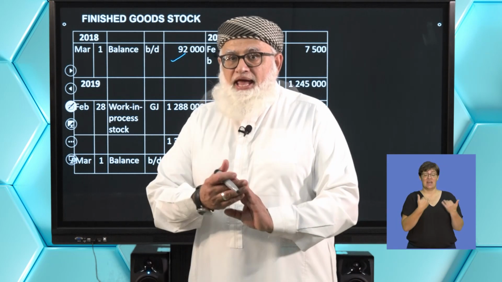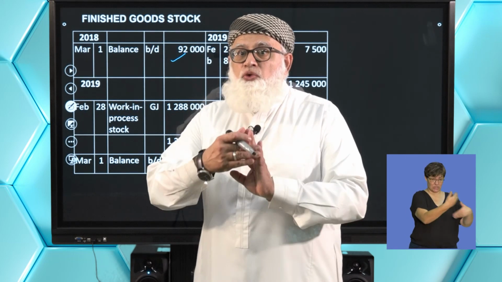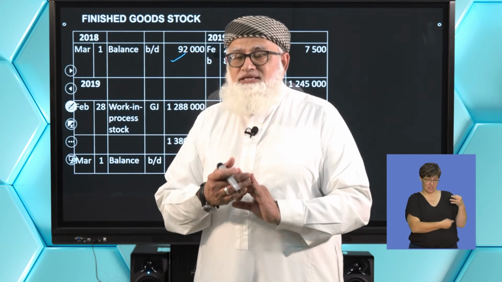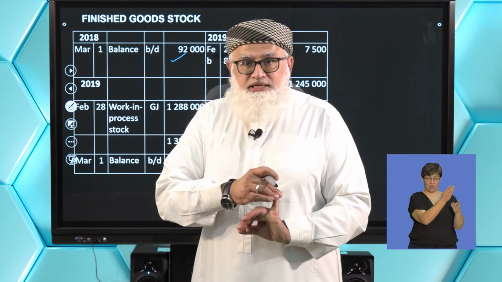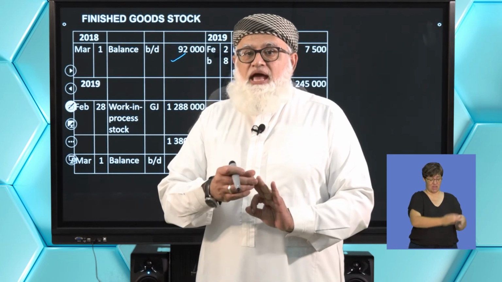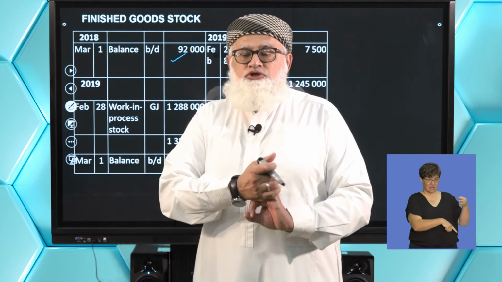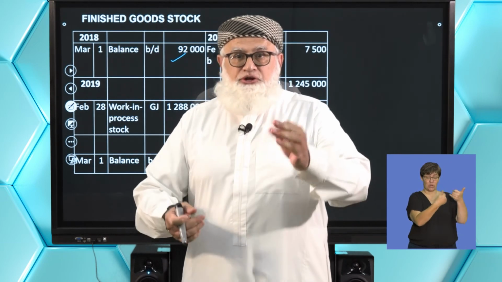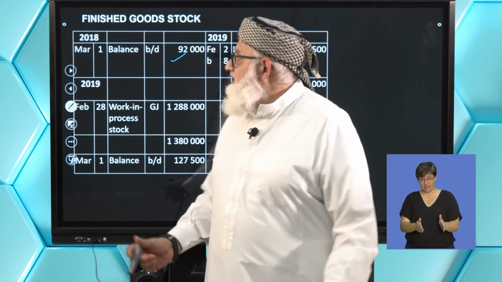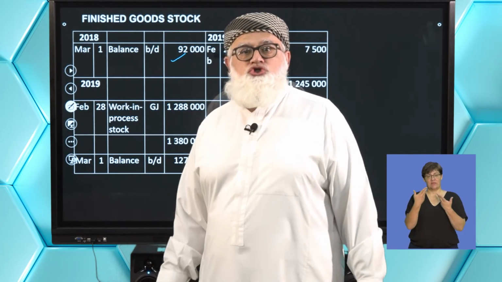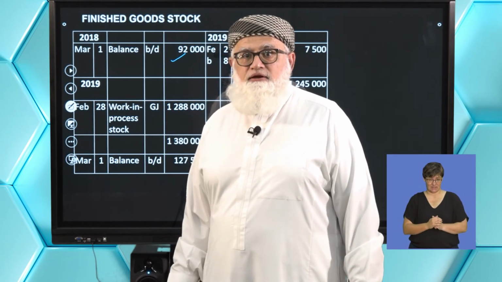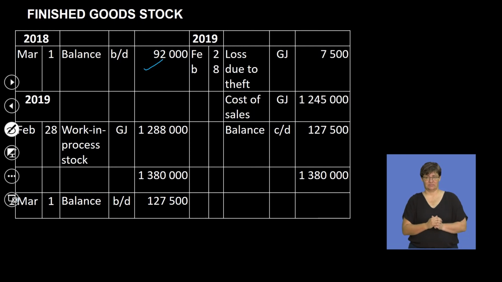Then you have your work in process, which has 3 components to it, namely your direct material, your direct labor, and your factory overheads. Only once you have completed your work in process account can you move on and complete the finished goods stock account.